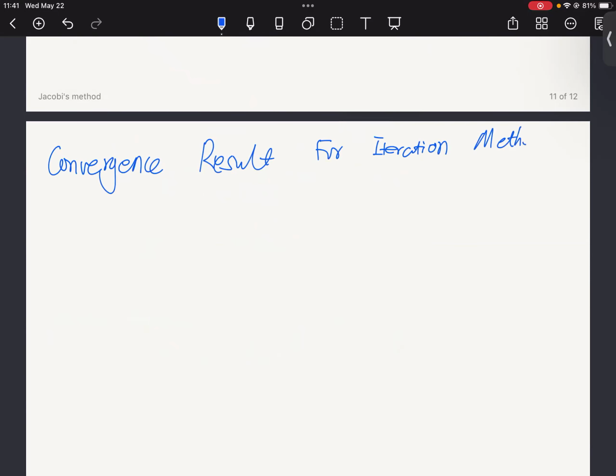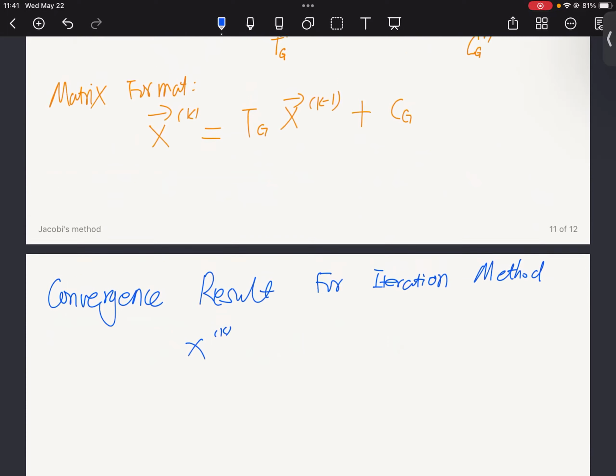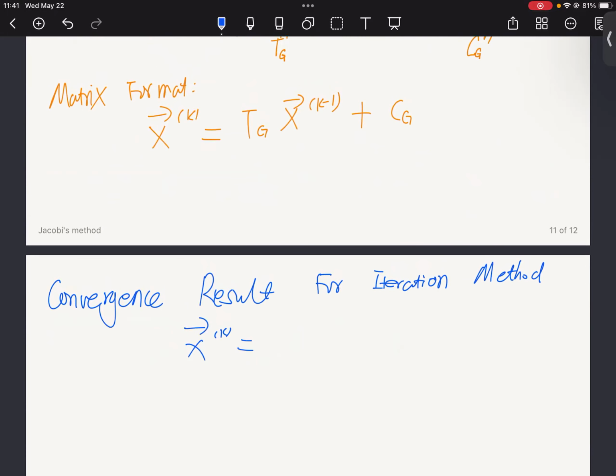And the general iteration method is xk equals a matrix multiplied by xk minus 1, and then there's a vector c. And actually, there's a theorem stating the convergence result.